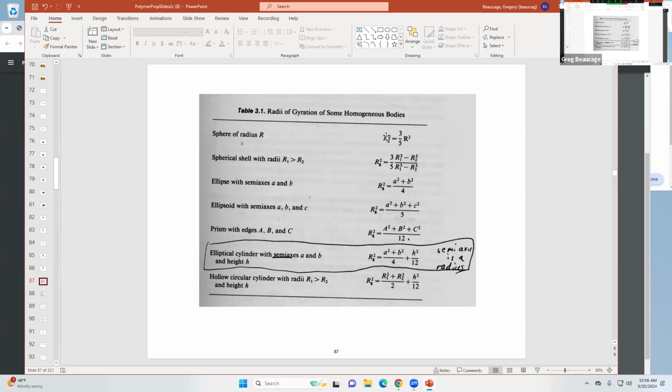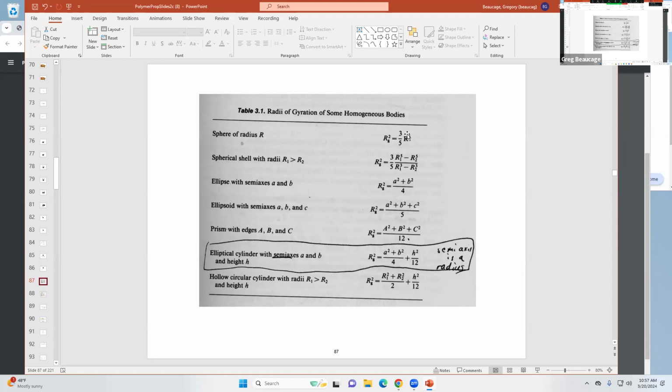All right, so you notice that here, this is 3/5. So we have end-to-end distance by 6, and here's 3/5 r squared. So the Rg is smaller than the end-to-end distance, but Rg should be larger than the sphere diameter. Here, if I work this out right somehow.